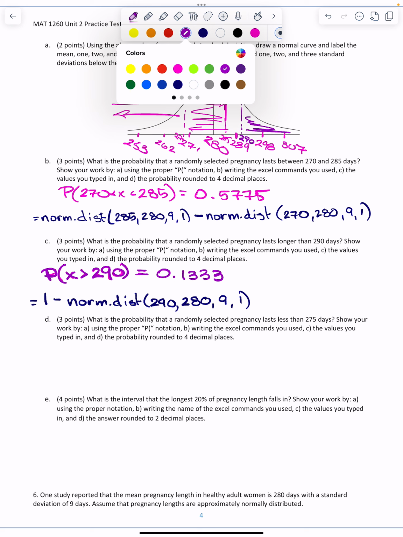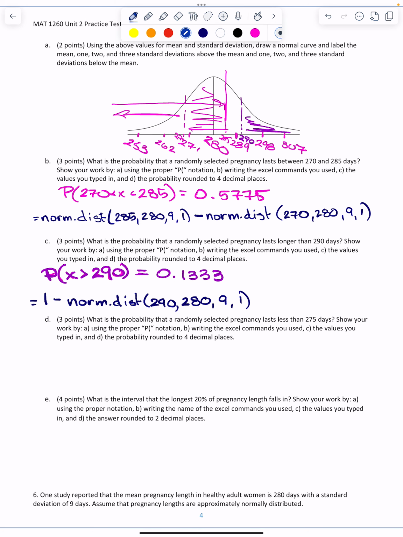So D, now I want the probability that a randomly selected pregnancy lasts less than 275 days. So X is less than 275. And again, it says less than or equal, we're going to get the same value. Okay, so there's our P notation. Our Excel command is just norm.dist.